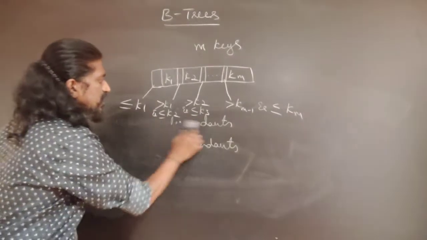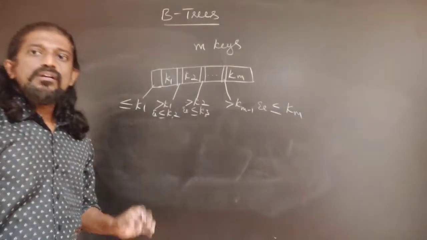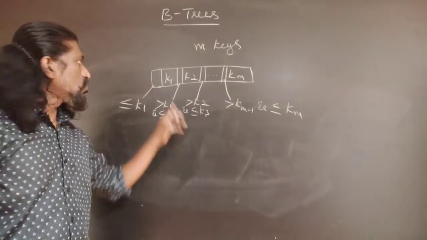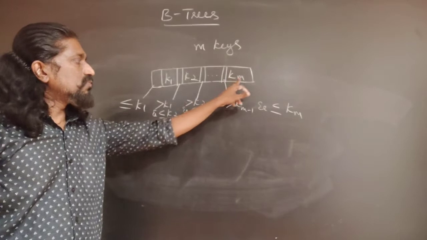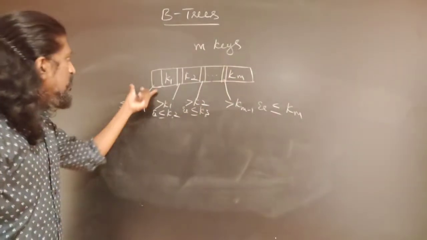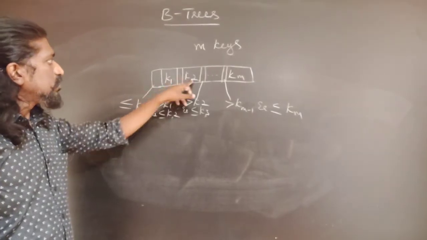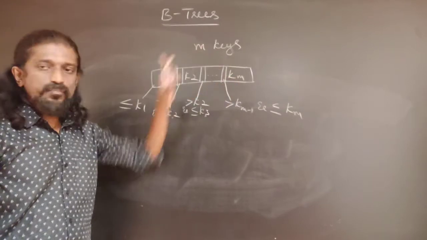A B tree with m keys consists of a maximum of m descendants and a minimum of m by 2 descendants, and the keys in the node will be arranged in increasing order: k1 less than k2, k2 less than k3, km minus 1 less than km. It will have a maximum of m descendants, starting from the left of key k1 and in between every key, and the last one will be between km minus 1 and km.